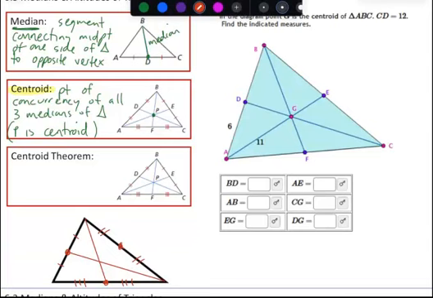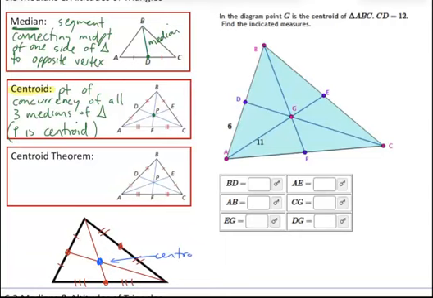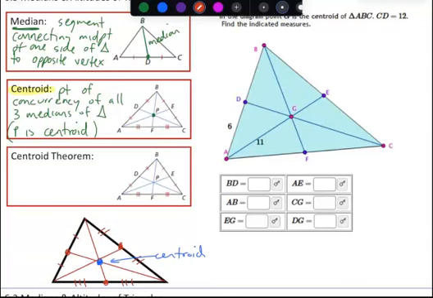And so this is going to be our centroid right here. We can confirm that by drawing in the last one. Notice we're probably going to be off just a bit, but that is where our three medians will intersect.